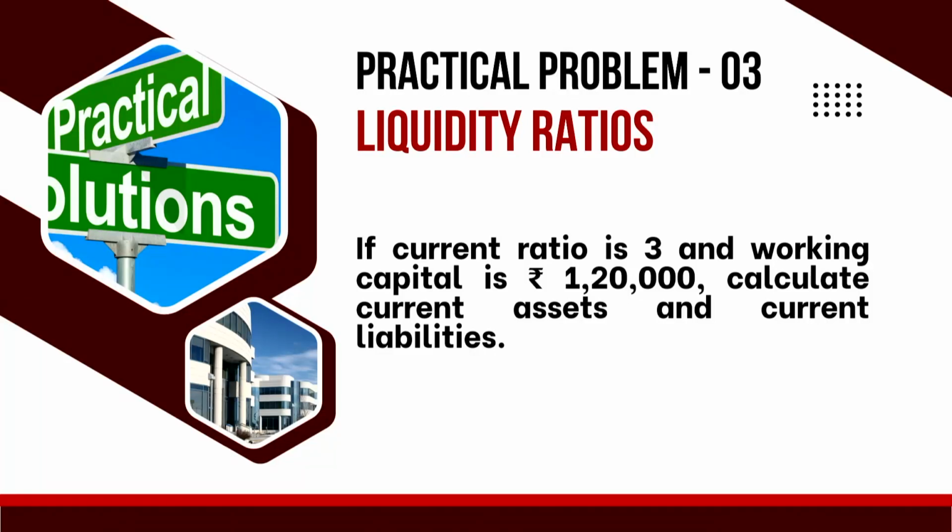Moving to the next, practical problem number 3. The question says if the current ratio is 3 and the working capital is 1,20,000, calculate the current assets and the current liabilities.